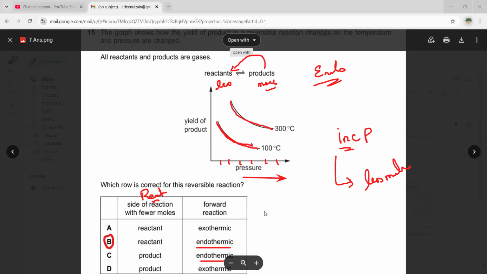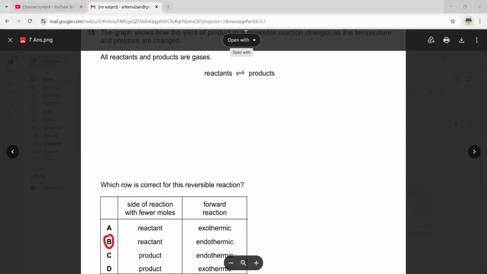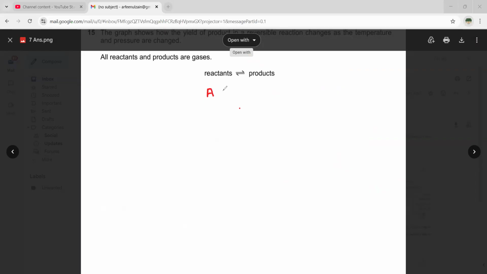So for a reversible reaction, okay, I'll repeat. Look, if you have a graph, let's say this was a question. I have A reacting with B and forming a product C, and all of them are gas.